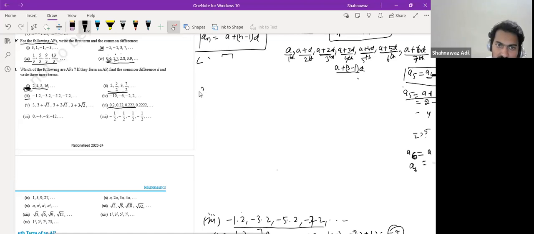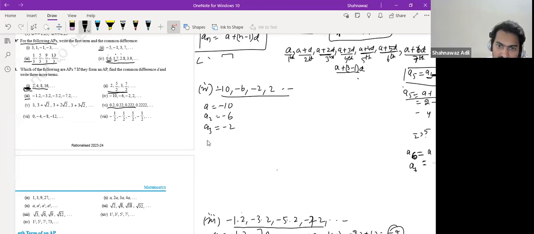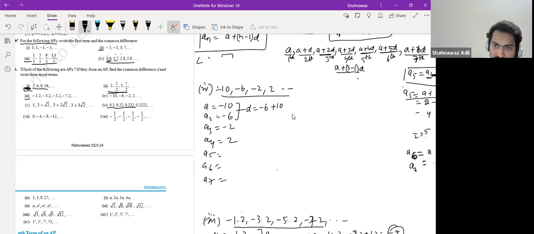This fourth one is -10, -6, -2, 2, right? So what is A here, Shaima? A1 is -10, A2 is -6, A3 is -2, A4 is 2. We also need to find A5, A6, A7. So what is the difference here? 4. -6 plus 10 is 4, right?